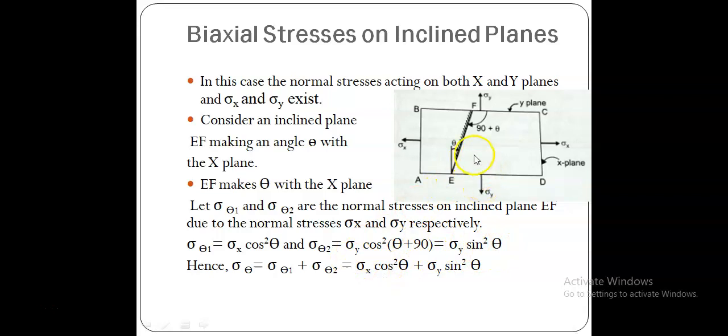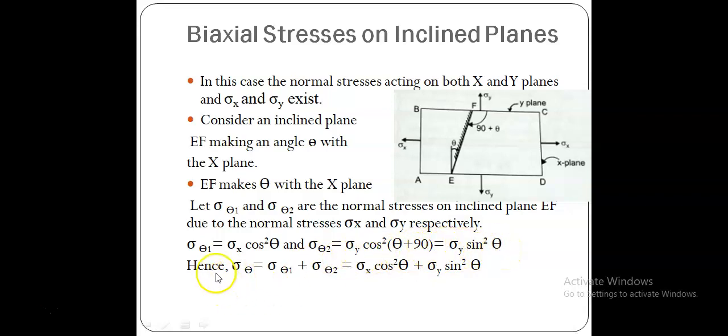Otherwise, we know that sigma y dash is equal to sigma y sine theta, or sigma y cos of 90 plus theta. In order to find sigma theta 2, which is equal to sigma y dash cos of theta plus 90, or sigma y dash sine theta, finally sigma theta 2 is equal to sigma y sine squared theta.